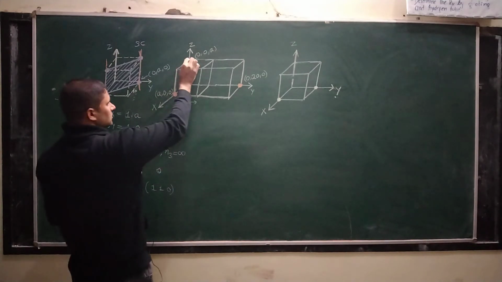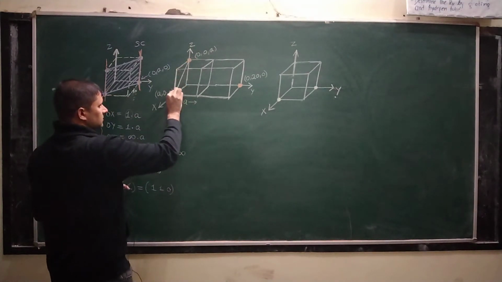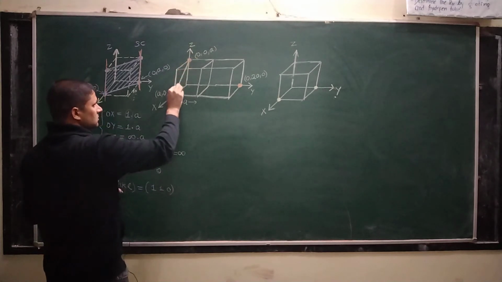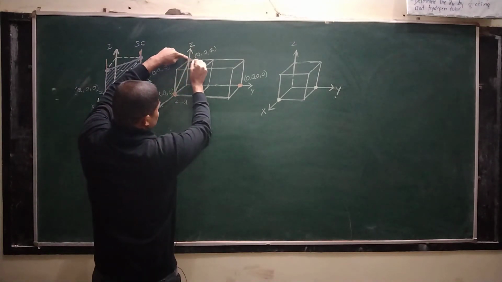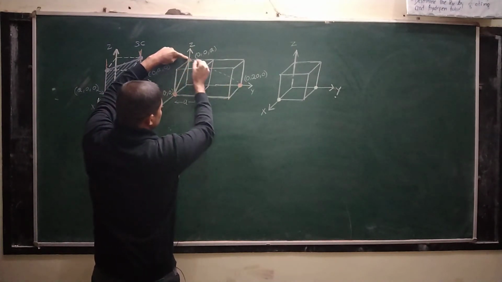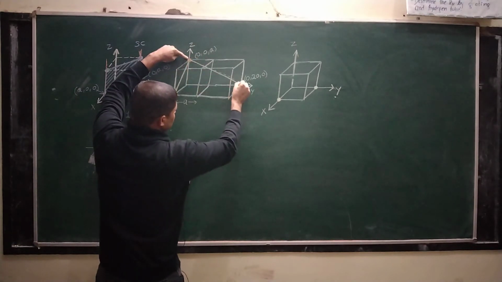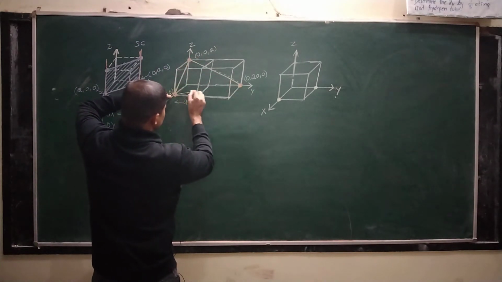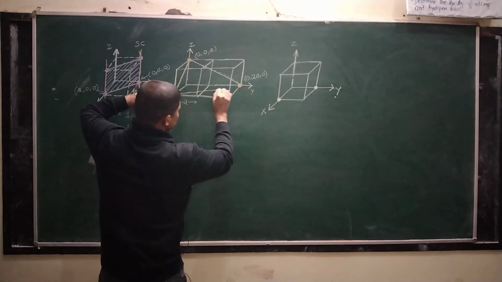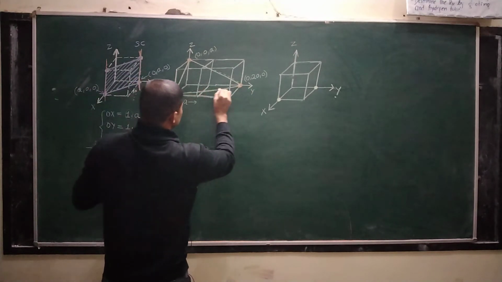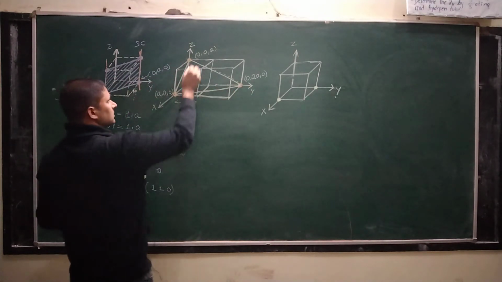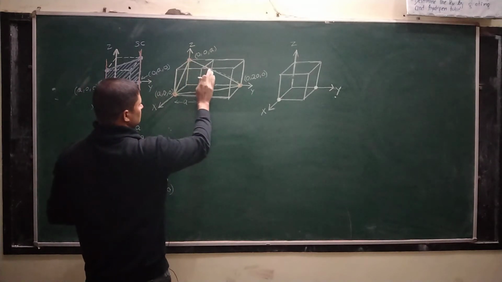Okay, now if I make a plane which is passing through these, then you will see this will be the plane. Okay class, and you can see the orientation.